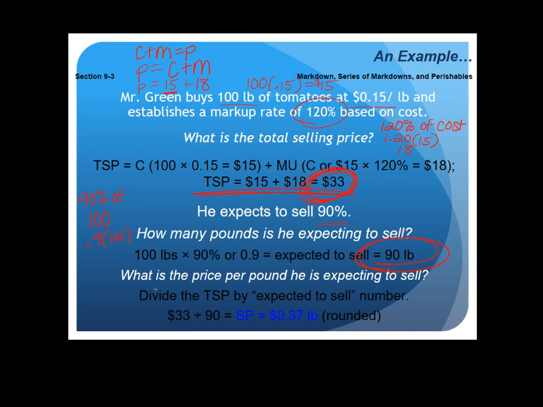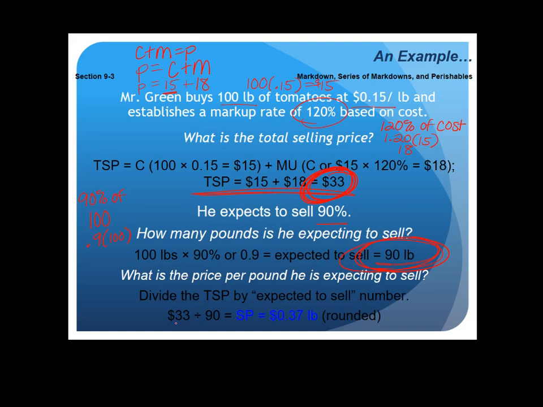So now, what is the price per pound he is expecting to sell? Okay, well, he's expecting to sell it for $33, and he's only expecting to sell 90 pounds. So I basically want to divide the $33 by the number of pounds to get the price per pound.